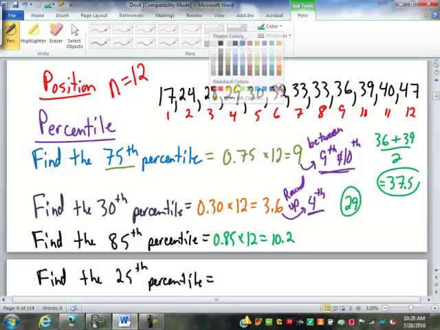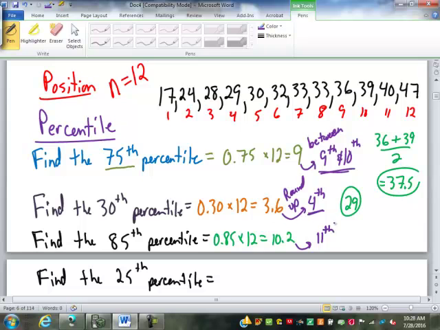So the number in the 85th percentile is in what position? The 11th number, which is, yes, 40 is the 11th number. Whenever it's a decimal, even if it's 10.1, it rounds up to 11.